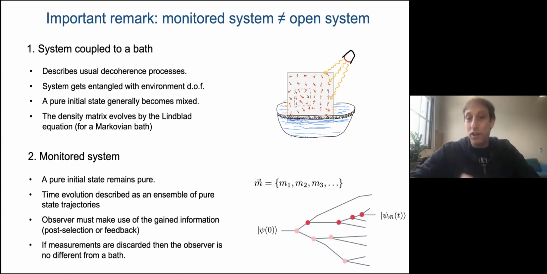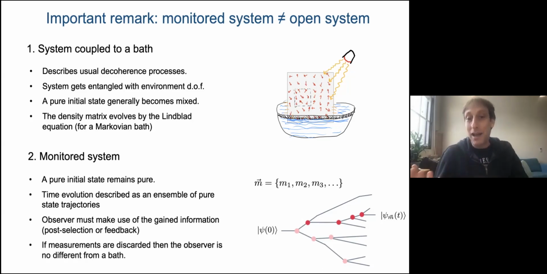So in order for anything to be special or different compared to a system coupled to a bath or environment degrees of freedom, the observer has to be some special entity. It has to be an entity that can process the information that it gains from measurements and somehow feed it back to the problem.